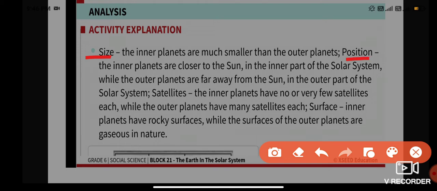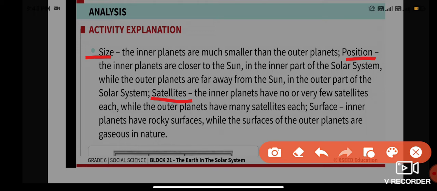And the position, number two: the inner planets are closer to the sun, that is in the inner part of the solar system, while the outer planets are far away from the sun in the outer part of the solar system. So also satellites, point number three: the inner planets have no or very few satellites each, while the outer planets have many satellites each.